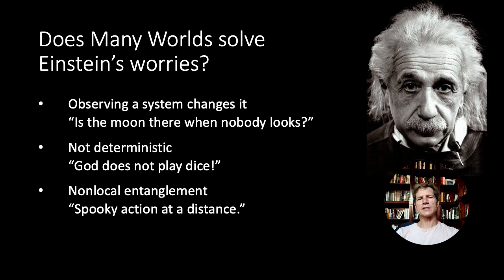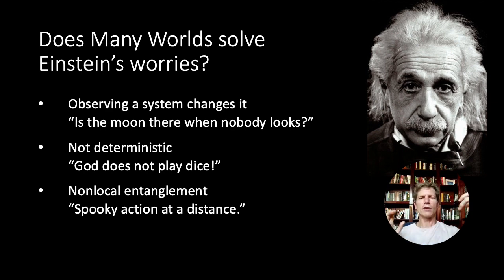And non-local entanglement, he said famously that it was spooky action at a distance, that you might be able to have two particles separated by any distance and you measured one and something instantly happened to the other. So this interpretation also means that just measuring something in one place doesn't change anything at a distance. So the thing at a distance still goes on, it still evolves according to the Schrodinger equation.